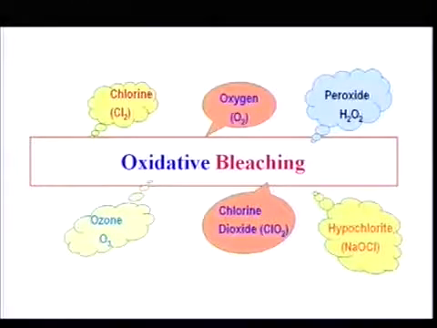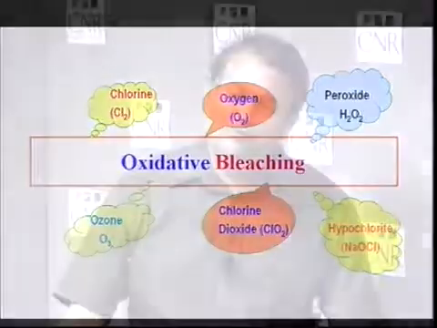Now, I am going to move on to various types of oxidative bleaching chemicals. Chlorine, chlorine dioxide, hypochlorite, those are all chlorine containing compounds. Oxygen, peroxide and ozone are total chlorine free compounds. I am not going to spend a lot of time talking about chlorine, chlorine dioxide and hypochlorite, because very rarely are they used because of environmental pressure.